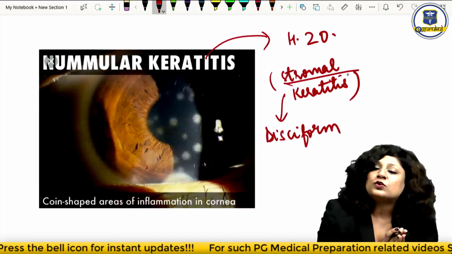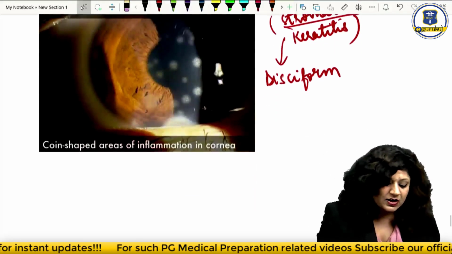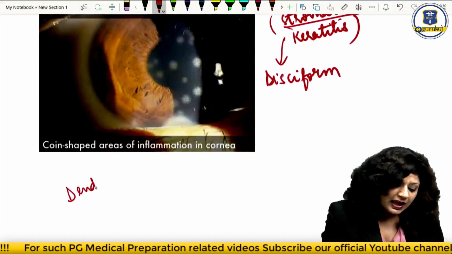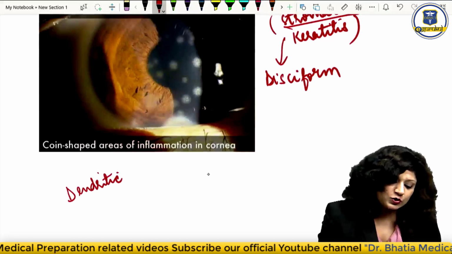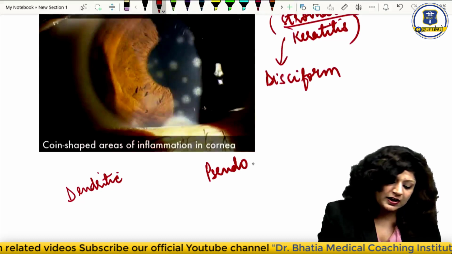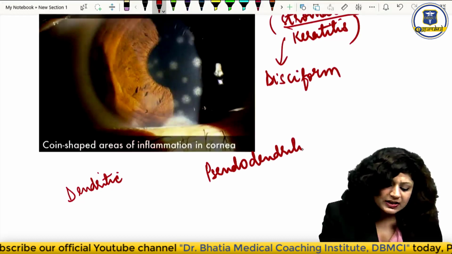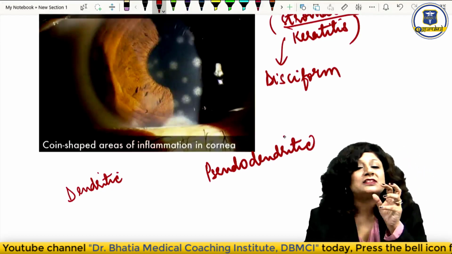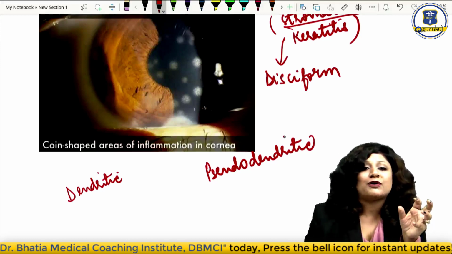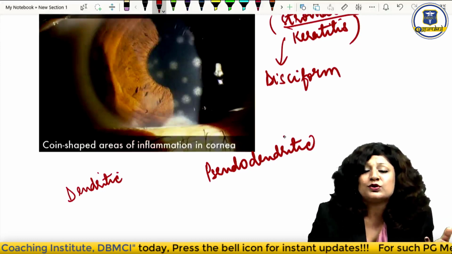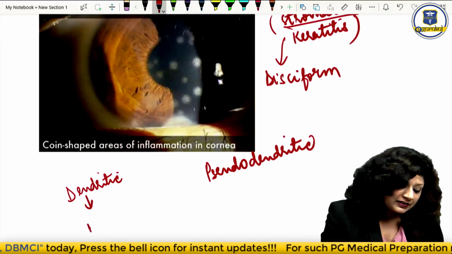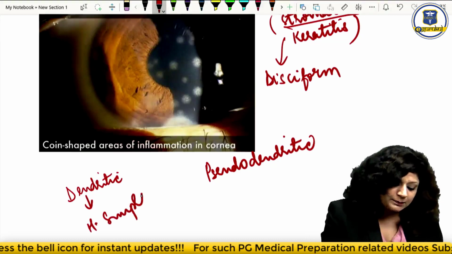Now another important question that I get frequently is where you get dendritic and where you get pseudo-dendritic. Or sometimes they will ask me if the dendritic pattern is found in other places also. No. Dendritic pattern is very typical of herpes simplex.